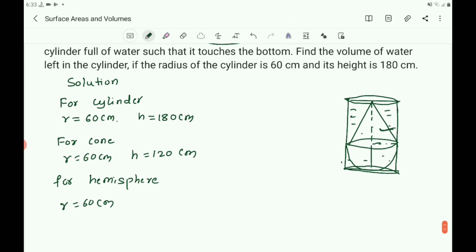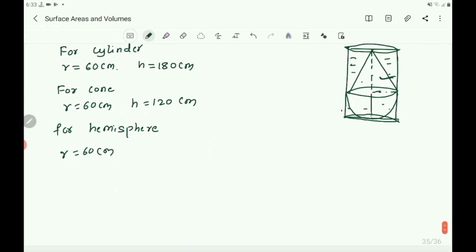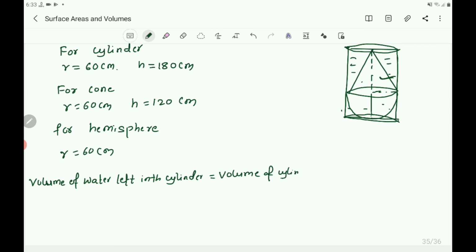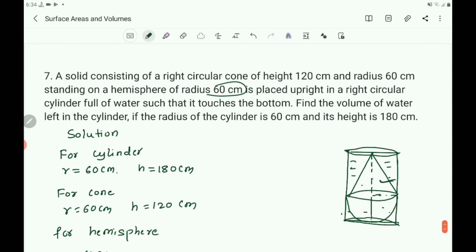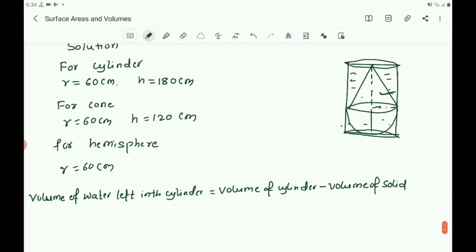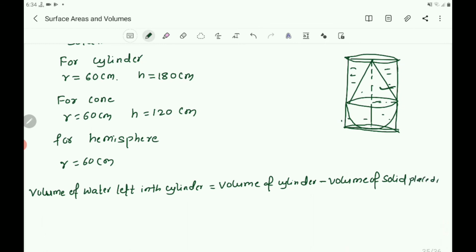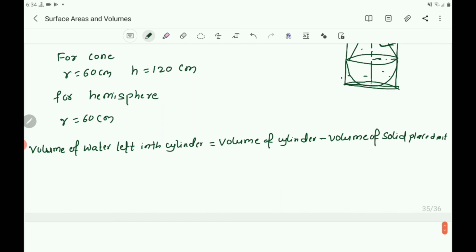Then the volume of water left in the cylinder equals the volume of the cylinder minus the volume of the solid placed in it.